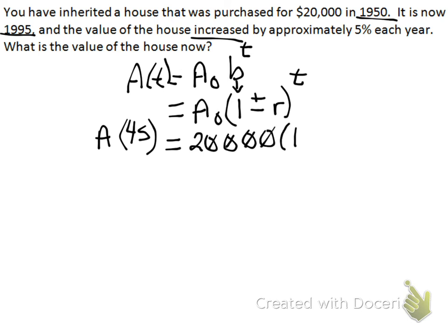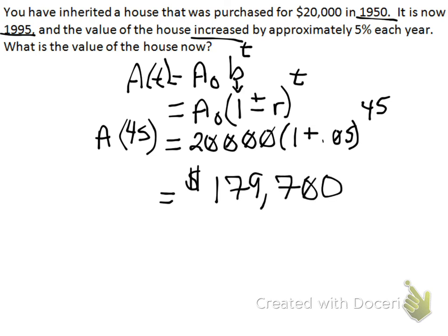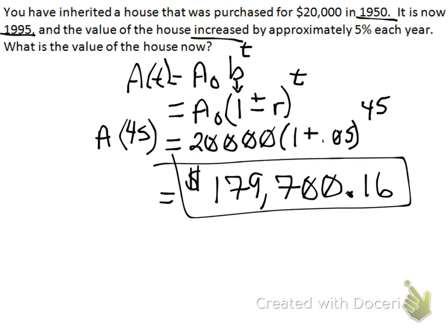I'm going to multiply that by 1 plus the rate in decimals, which is 0.05, raised to the t, and that's 45. So if you plug that into your calculator, you should have gotten that the value of the house now is $179,700 and 16 cents. And that's the answer.